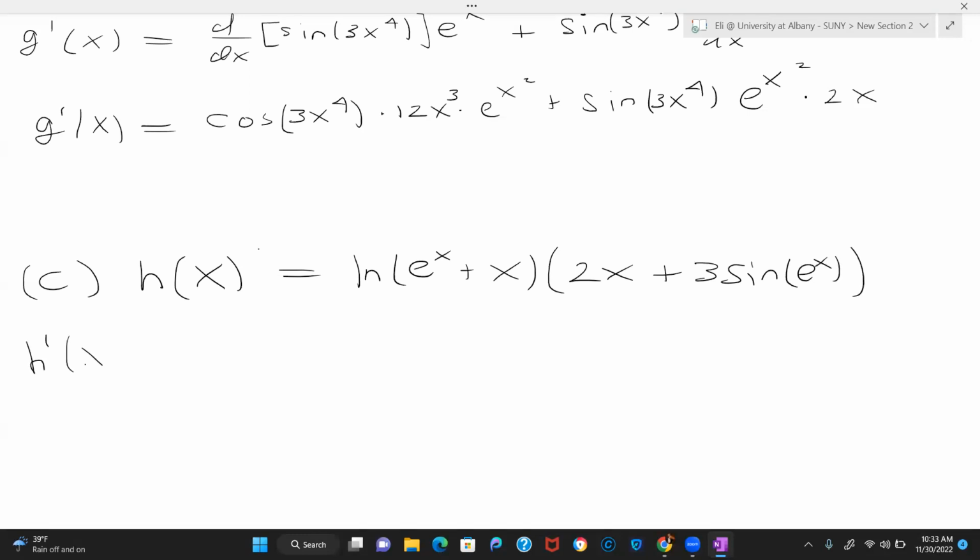Now the derivative. All right, so I guess I'll break it up as you usually do. So we have to use product rule first of all. We have this product right here. So product rule says you take the derivative of the first function times the second function.